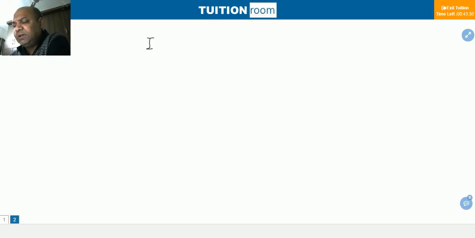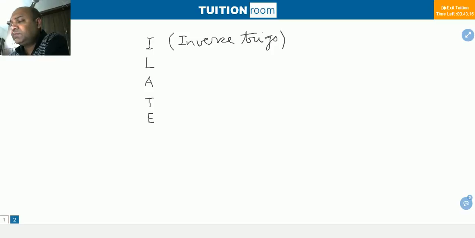A is algebraic. Algebraic means x square, x cube, 1 upon x. All these are algebraic expressions. T is trigonometric, other than inverse trigonometric, functions.